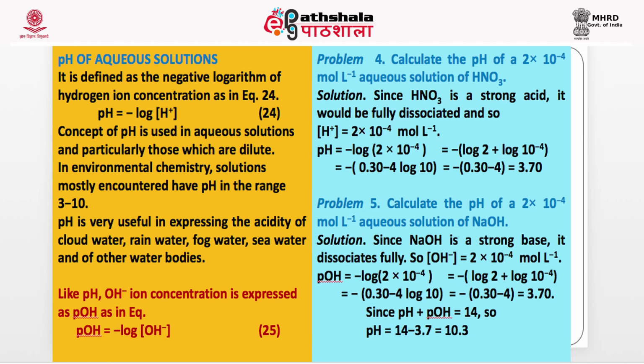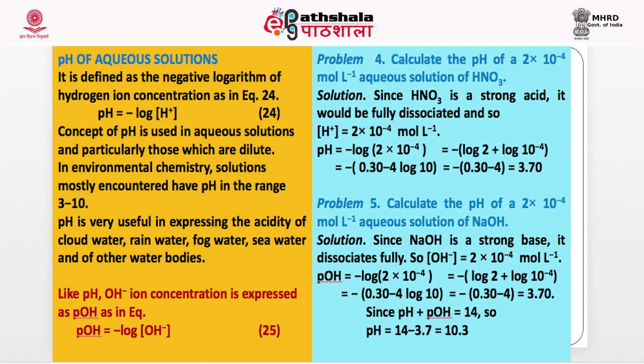Calculate the pH of a 2 into 10 to the power minus 4 mole per liter aqueous solution of HNO3. It must be pointed out that the hydrogen concentration must be in the unit mole per liter if you want to calculate the pH. If it is any other unit, convert into this. HNO3 is a strong acid.